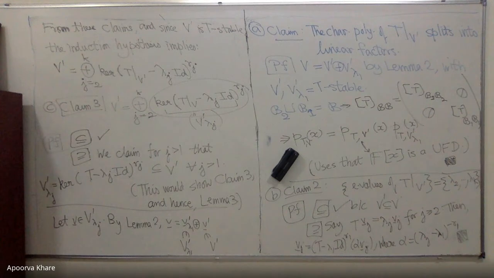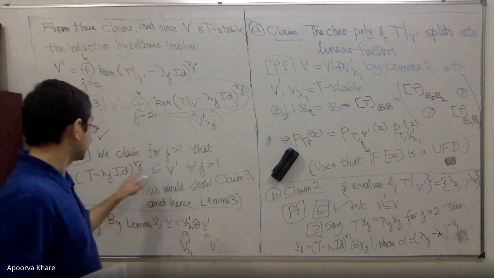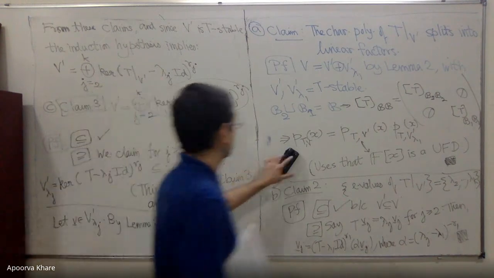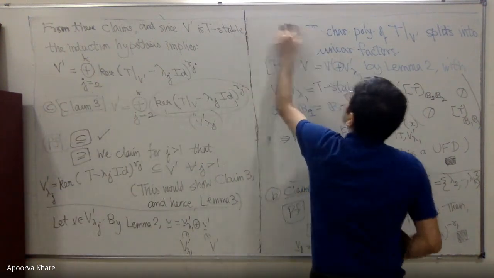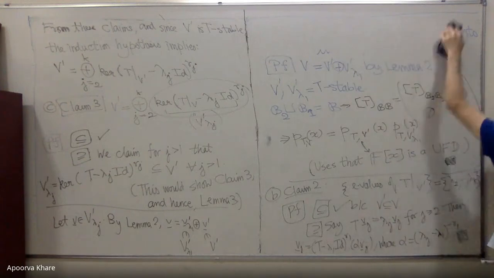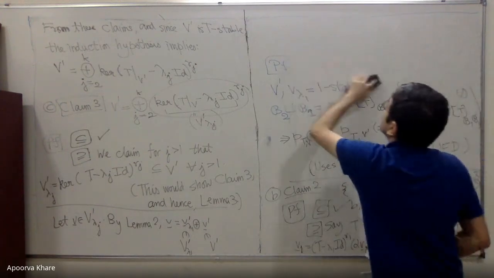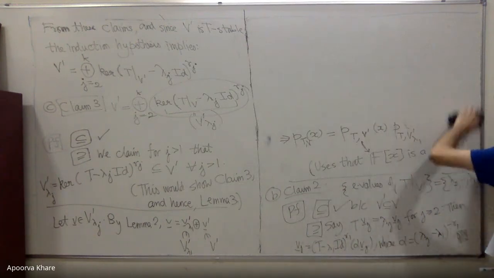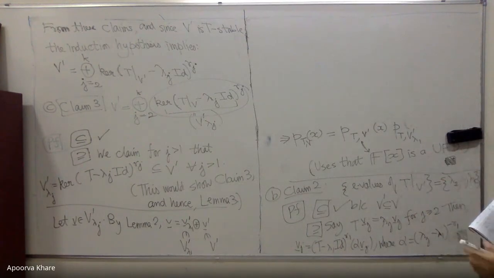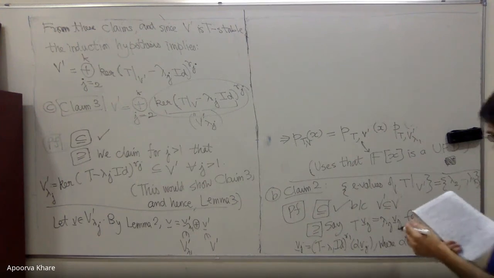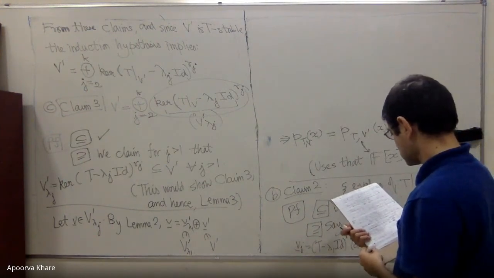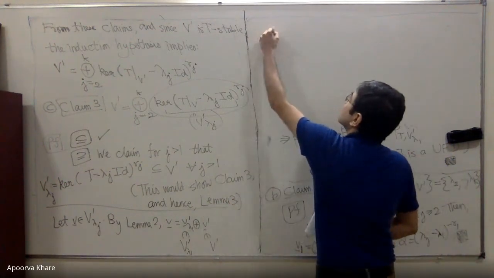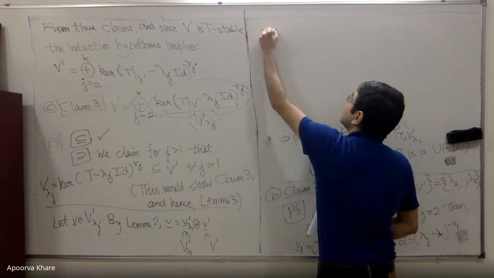And what do we want to show? We want to show that everything is contained in V prime, so you must show that this guy must be 0. Need to show V lambda 1 component is 0.